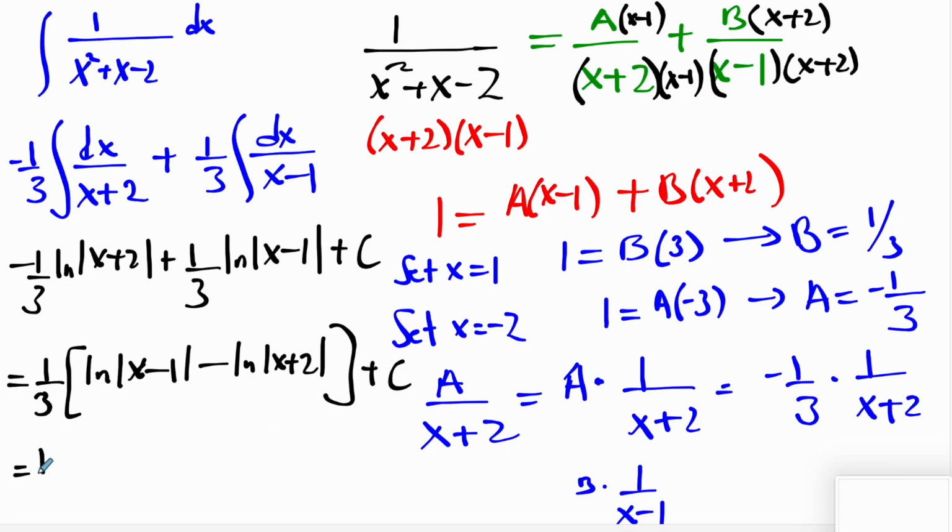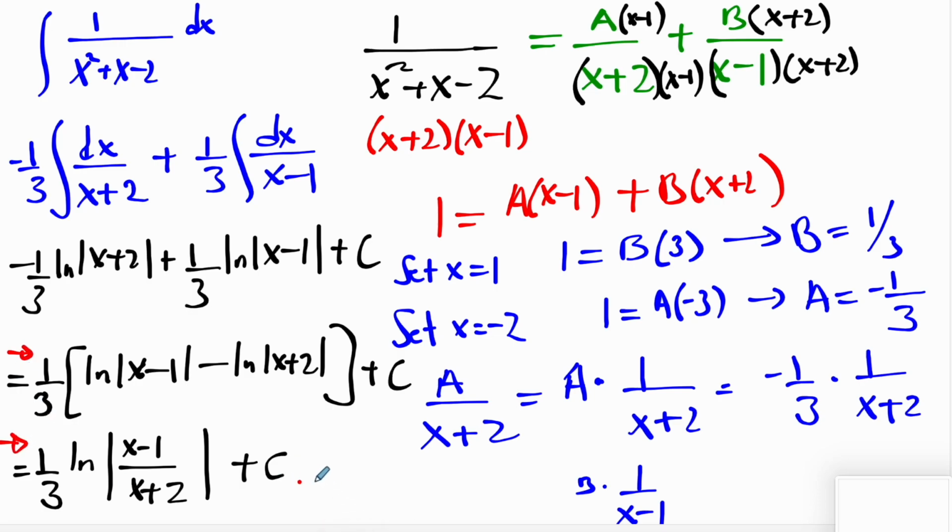So this will be 1/3 ln, condense it, as you know, and we did it in the last problem as well. So this will be x minus 1 over x plus 2 plus C. So this could be in the choices if it's a multiple choice question.